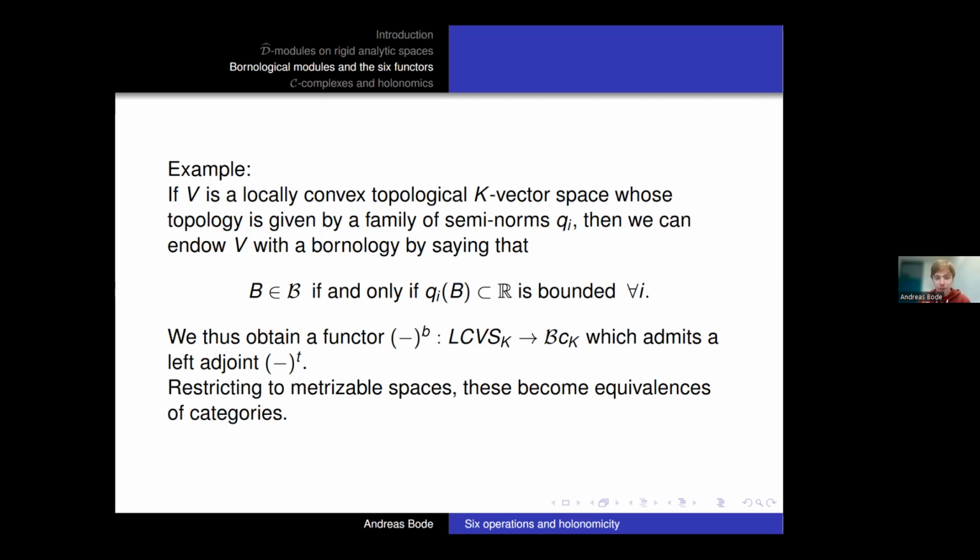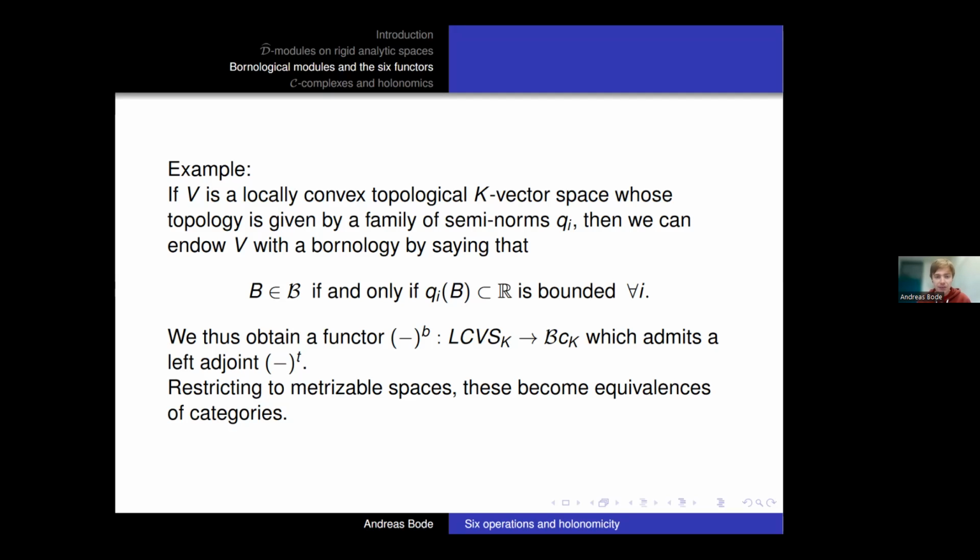It turns out that if I restrict to metrizable spaces, these become fully faithful. So on metrizable spaces, this becomes an equivalence of categories. So in particular, Banach spaces, Frechet spaces, all the things that we've seen so far can naturally be considered just as sitting inside certain complete bornological vector spaces. Why am I working with this instead of just locally convex topological vector spaces or something like this?